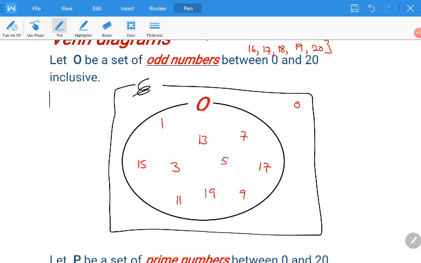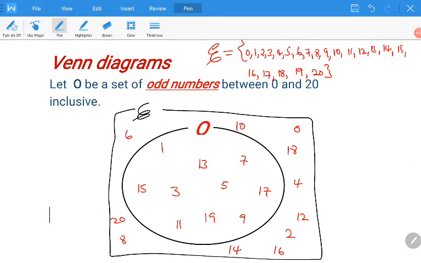So we have 0, 2, 4, 6, 8, 10, 12, 14, 16, 18, and 20. So this is a Venn diagram. The odd numbers are inside the circle, and numbers which are not odd, even numbers, are outside the circle. So this is a Venn diagram.